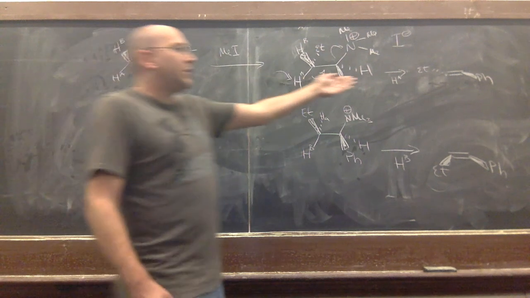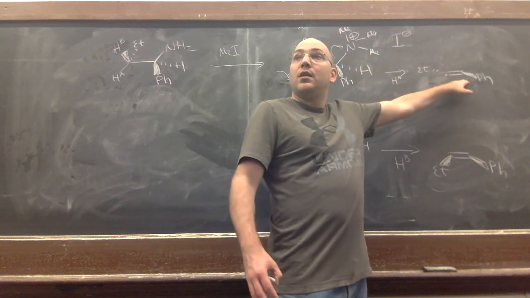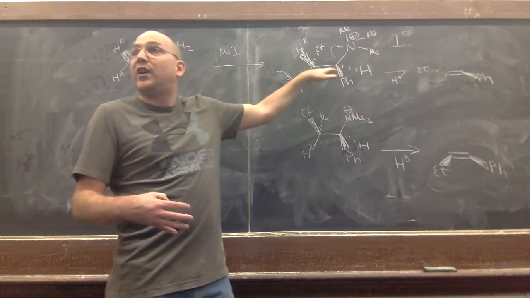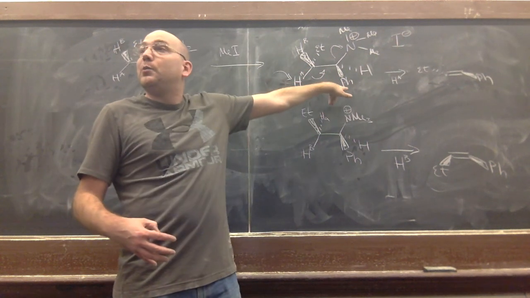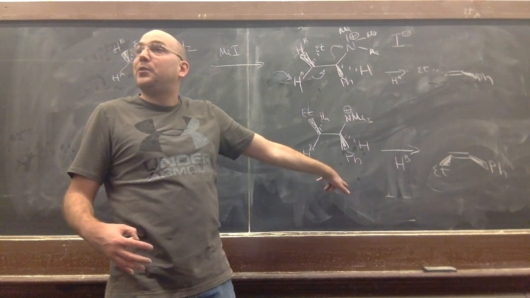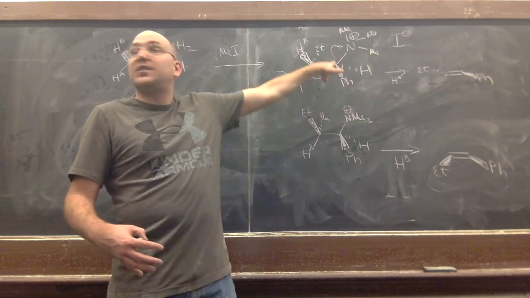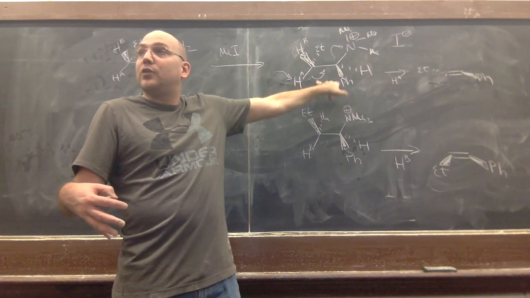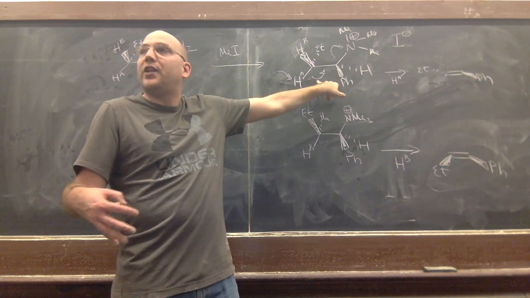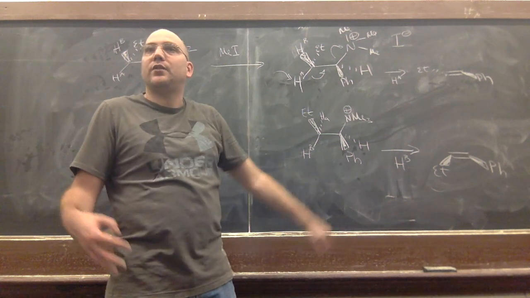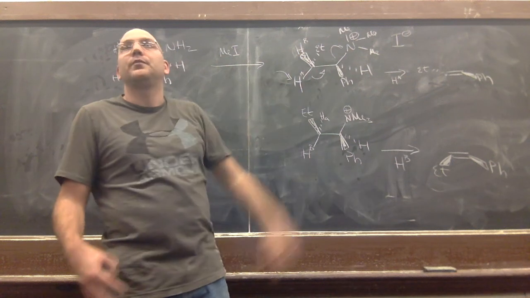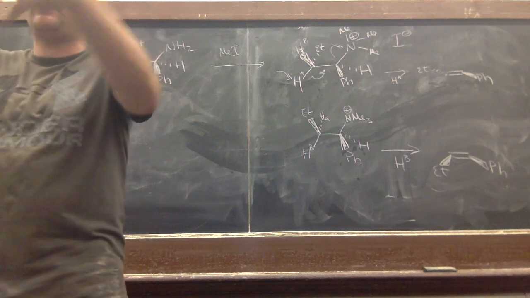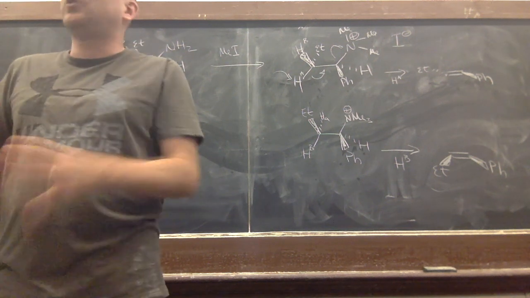And the answer is ultimately that it's going to go to the more stable one, but you can argue thermodynamics, and in principle it's also a kinetic reason, right? If you draw the Newman projection of this versus the Newman projection of this, maybe something you can do in your off time, you'll see that this one has a lower energy configuration than this one. So this one is more stable, and since it's more stable, it takes lower energy to get to that. So there's going to be a higher population of that, which means that's going to be the more likely one to form. So good question.